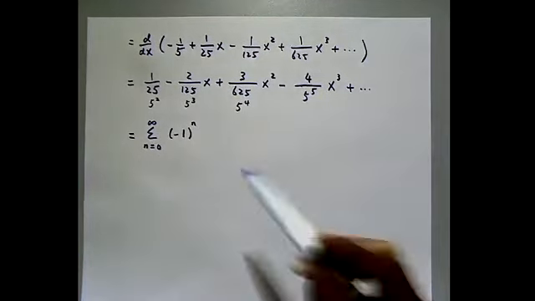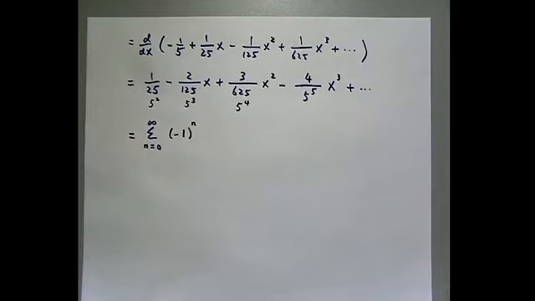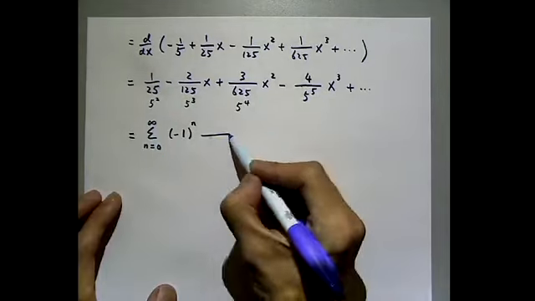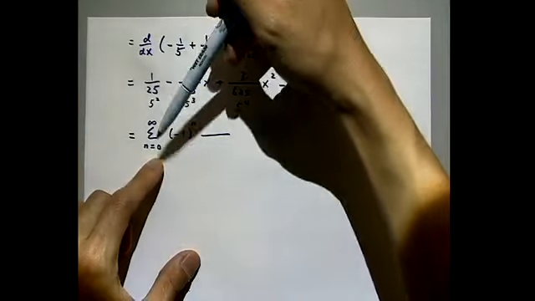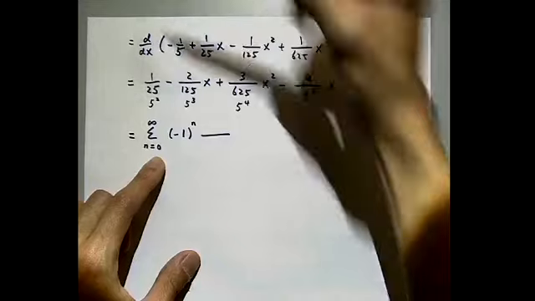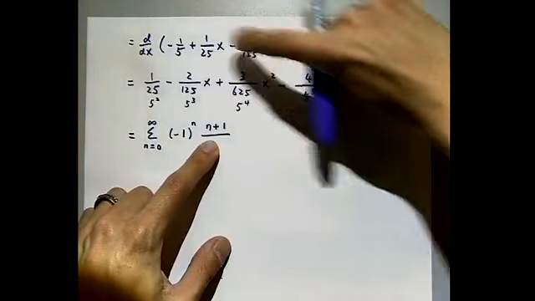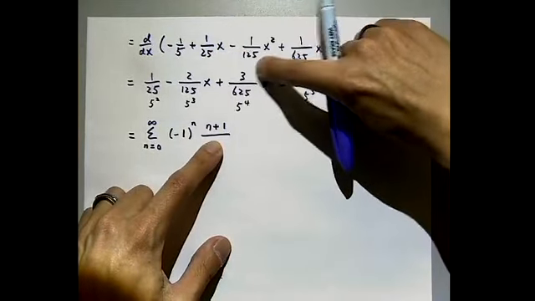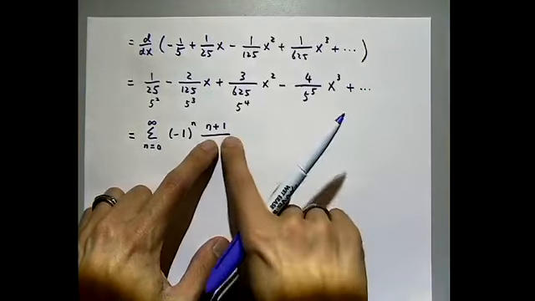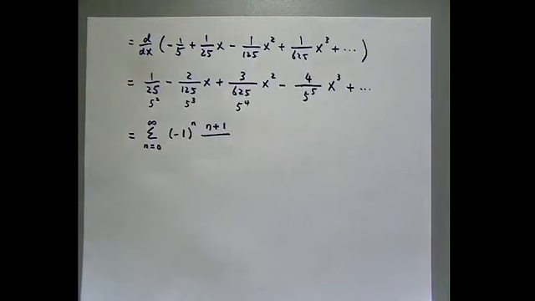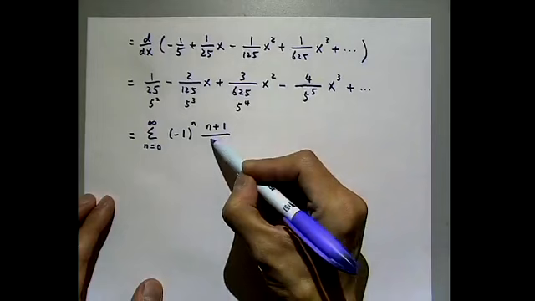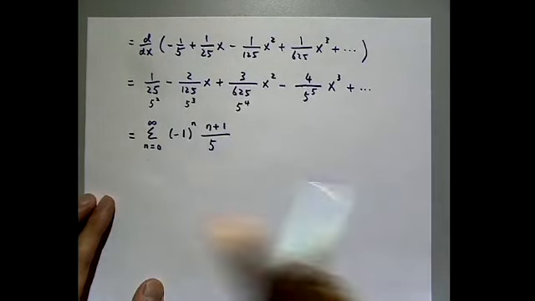Okay, so what's left? What else do we need to have? How about the numerator here? How do we express that? n plus 1, right. When I want to start with n equal to 0, I want a 1 up here. When n is equal to 1, I want a 2. When n is equal to 2, I want a 3. When n is 3, I want a 4. So do you see why it's n plus 1 on the top? Yes? How about downstairs? 5 to the n plus 2.